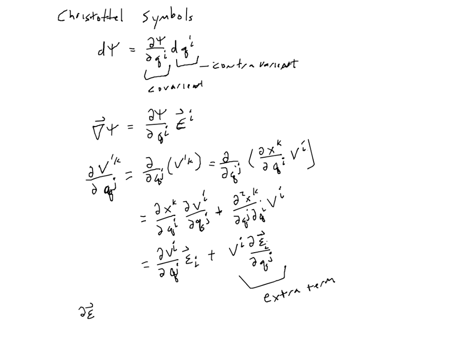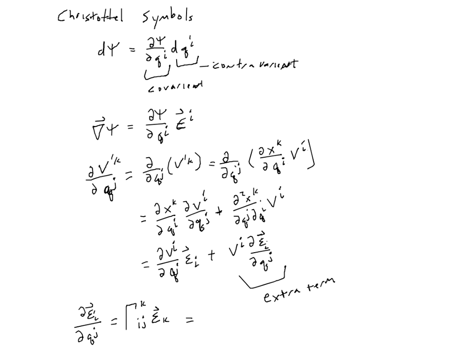And so what I'm going to introduce is the Christoffel symbol, which is that this term is by definition the Christoffel symbol, which is this capital gamma multiplied by epsilon k.